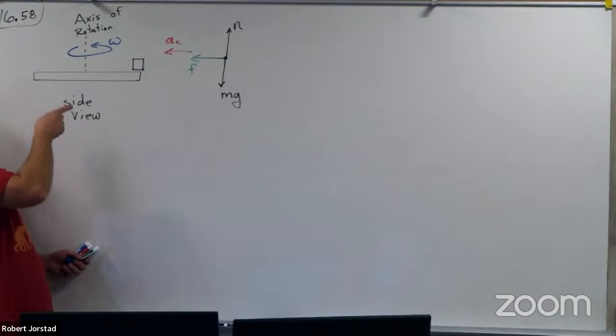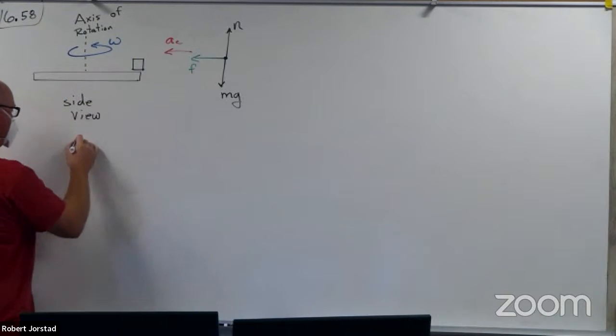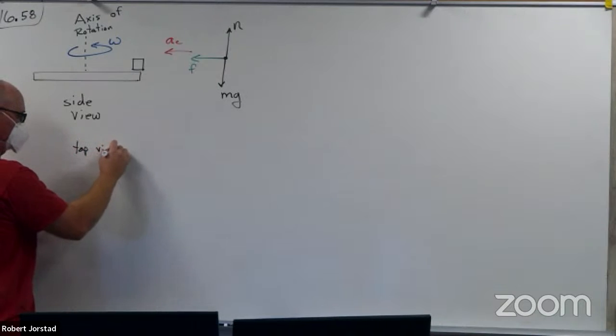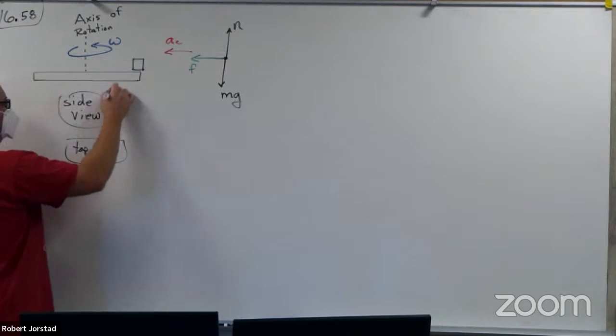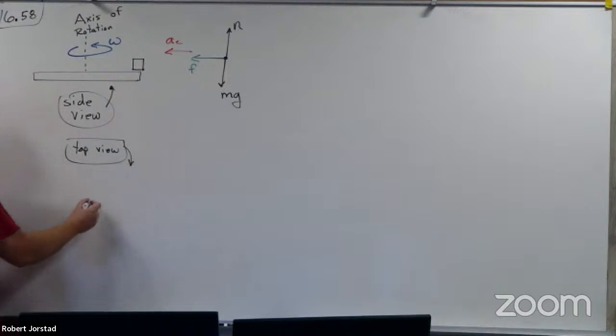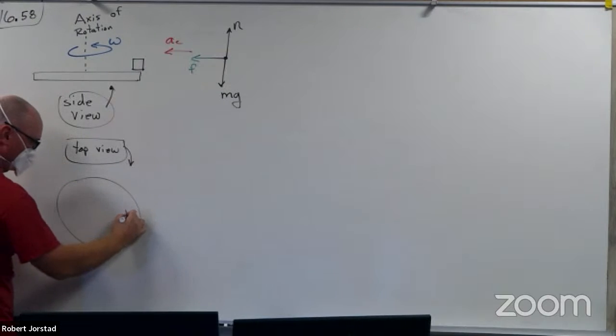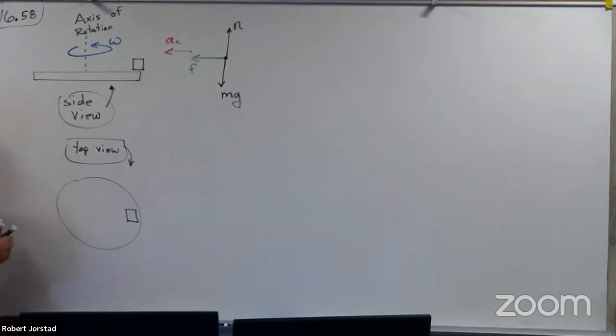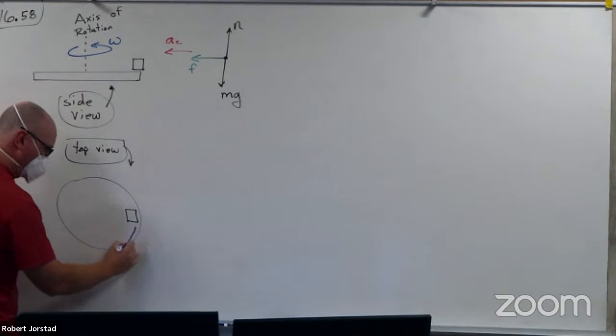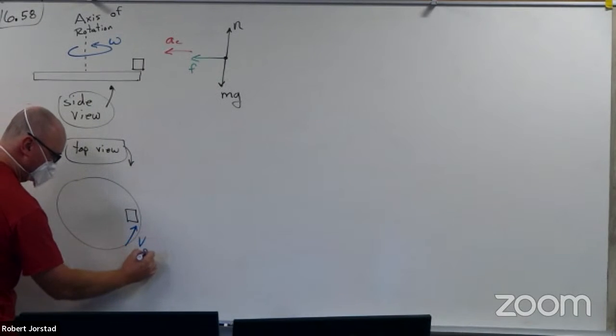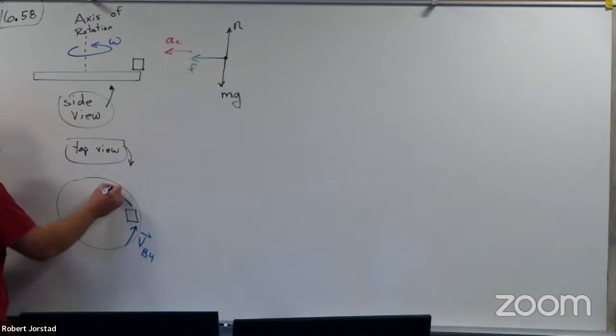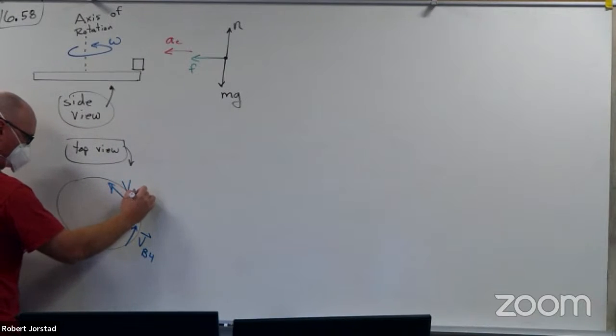But what's happening is the velocity needs to change direction. If I look at this from a top view, think about it. Just before, the velocity's this way. Just after, the velocity's this way.